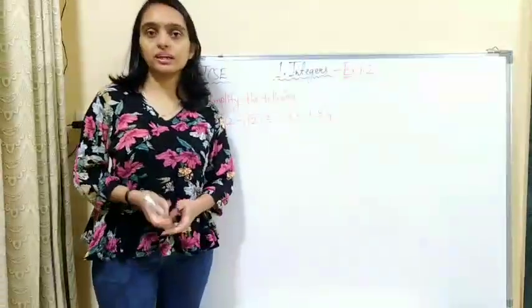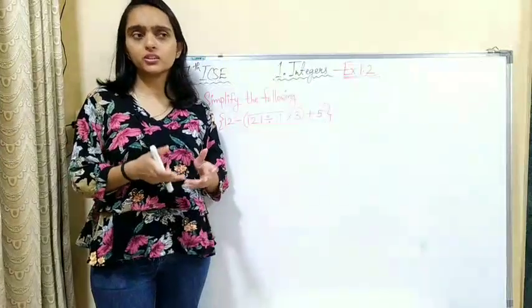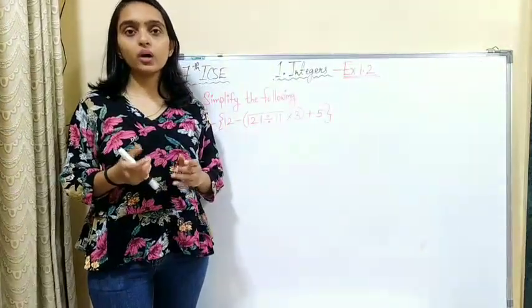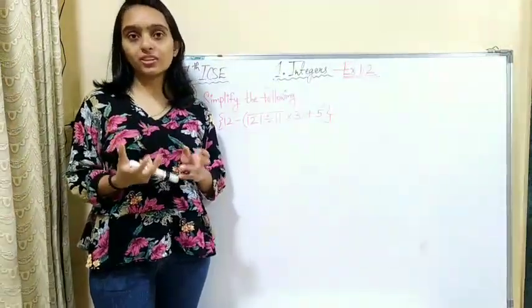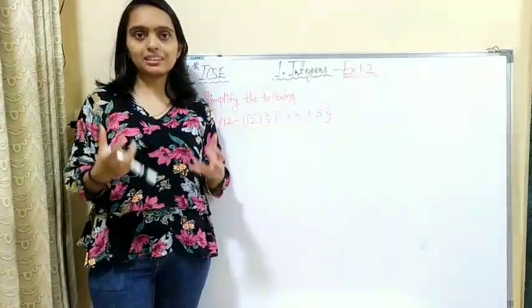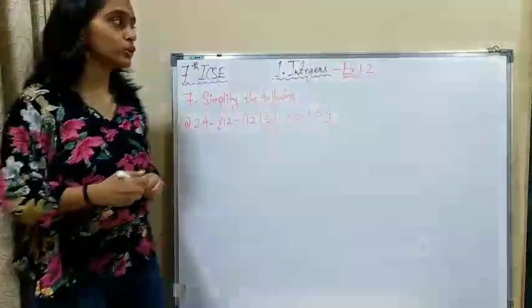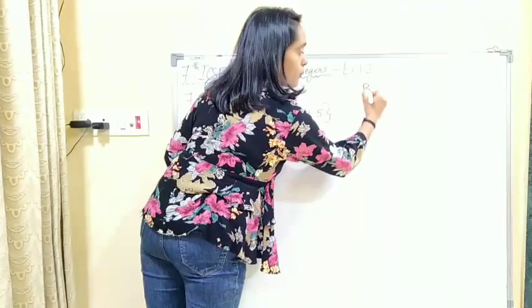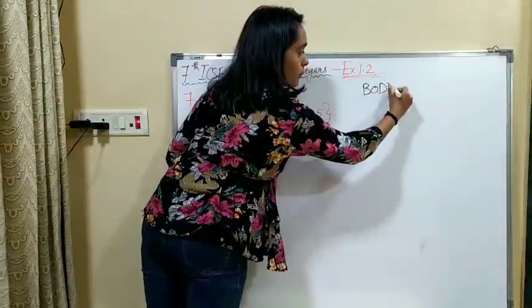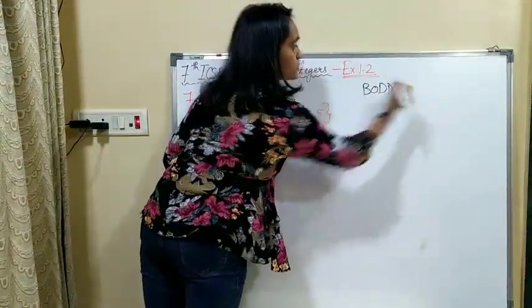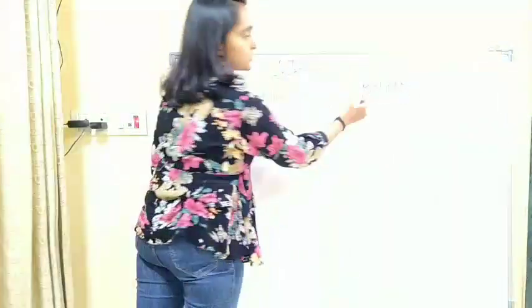For the next question, that is simplification of integers, if you have more than two operations together in an expression, then you have to use the rule BODMAS. What is BODMAS? We have already studied this.